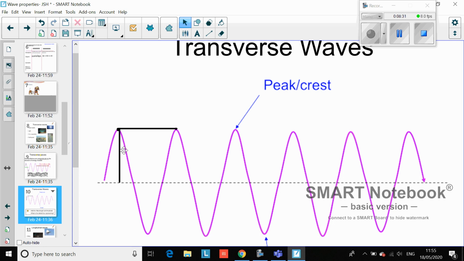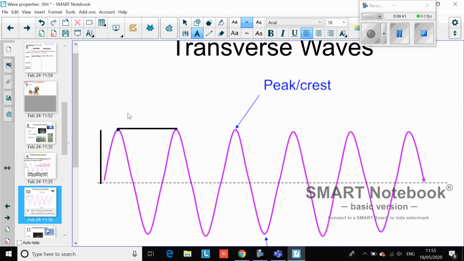So the amplitude is the height of the wave from the middle to the bottom or from the middle to the top. So just need to have a few little labels here. So this is the wavelength, and this one is the amplitude.